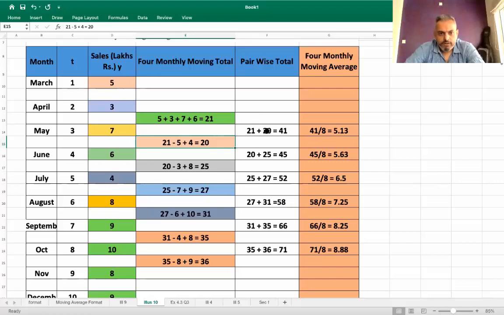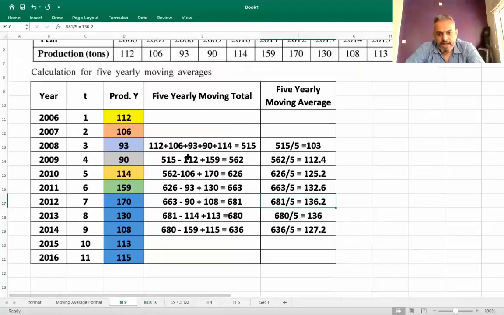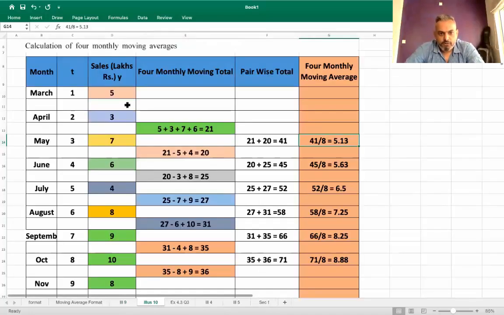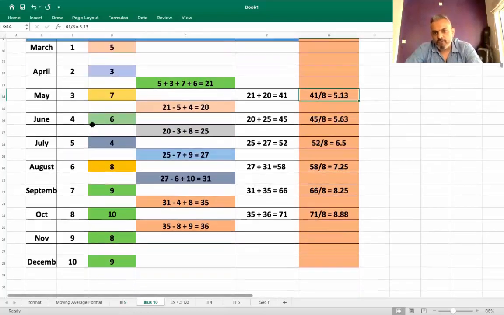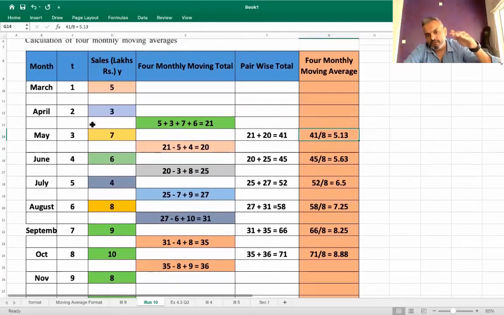Okay sir. So what we got is 5.13. Now you'll say, sir, why did we not do this in the previous one? Because there you were directly able to do it. If it is, say, 5 yearly, 1 2 3 4 5, this is the centermost. You were able to do it till the last one. But over here, because it is 4 4 4 4, where is the centermost?